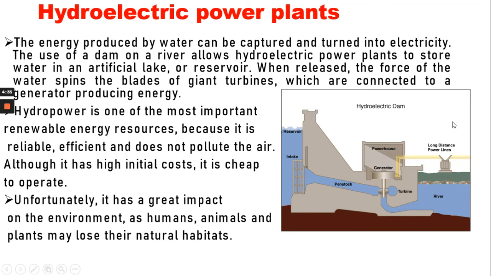Hydroelectric power plants. You have here a picture of a hydroelectric dam and the process of producing electrical energy. The use of a dam allows hydroelectric power plants to store water in an artificial lake.